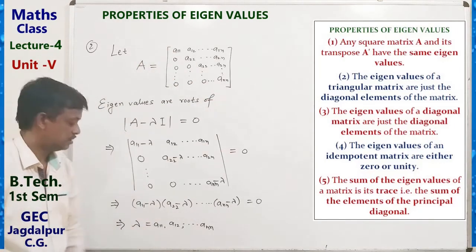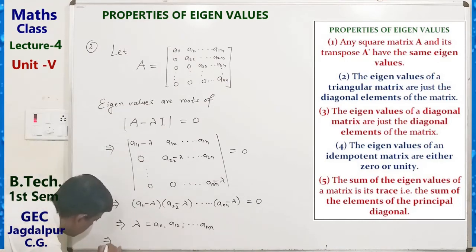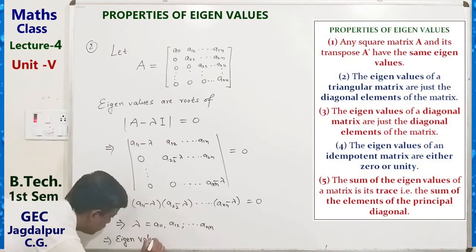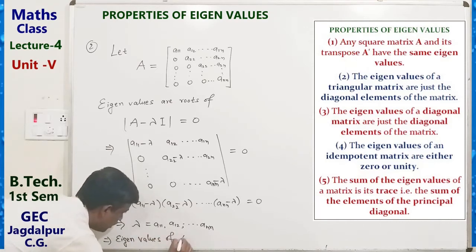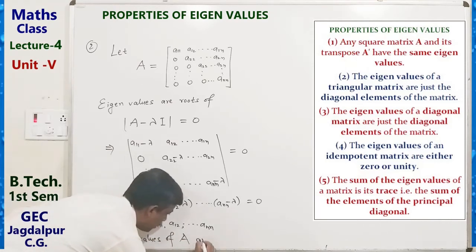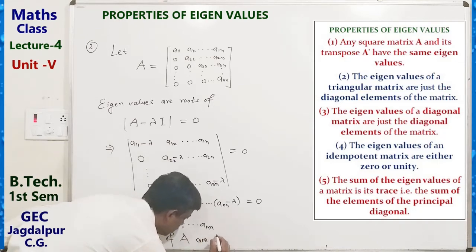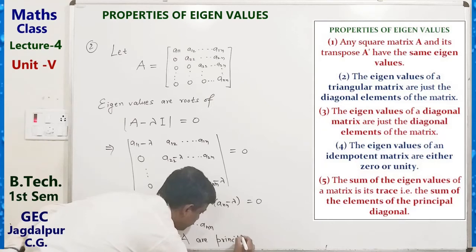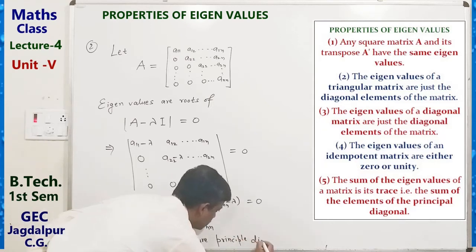These elements imply eigenvalues of A are principal diagonal elements.